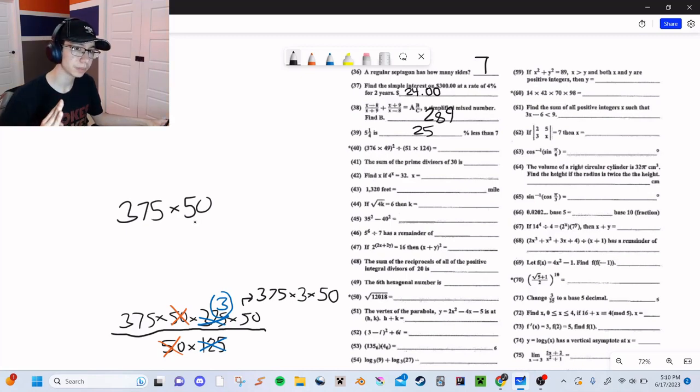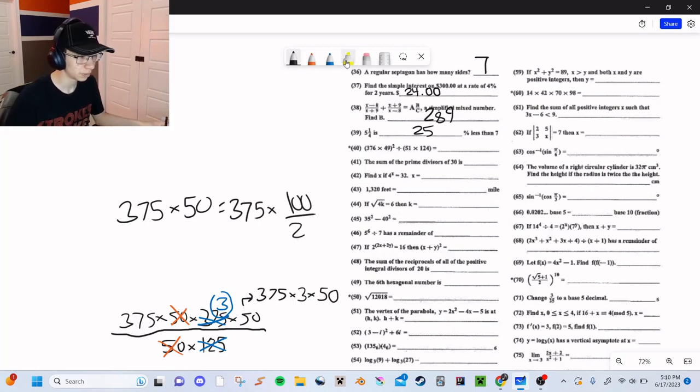And remember, multiplying by 50 is the same as multiplying by 100 and dividing by 2. Same thing. So what I'll do is I'll divide this 375 by 2, and then shift the decimal place twice to the right.